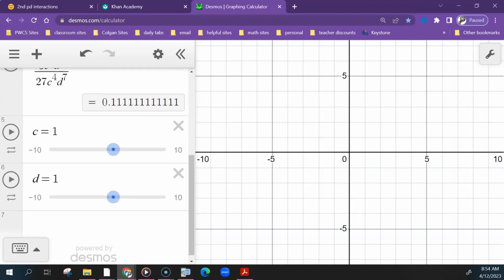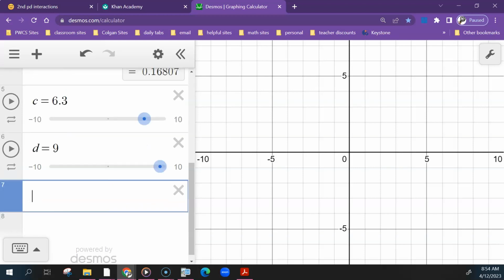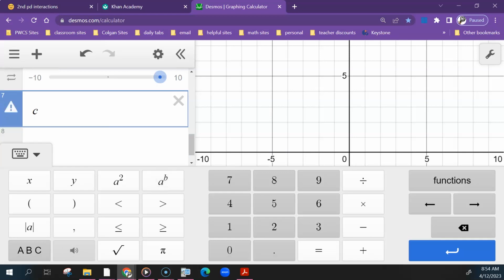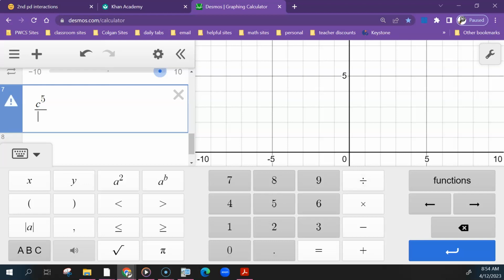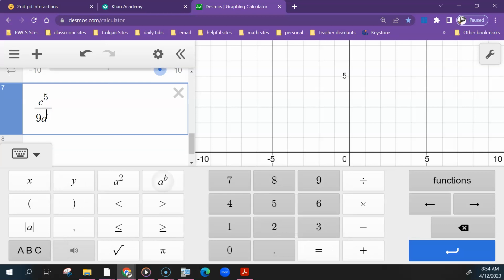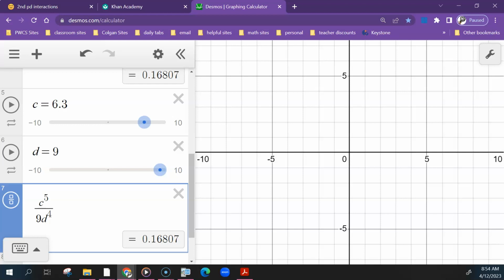I'm going to change the value of c and d to different values, and then put in our final answer, which was c to the 5th over 9. And those answers match, so that's how we know we got that right. Questions on that?